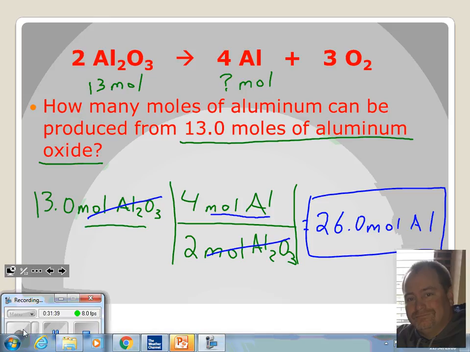Okay, the question asked by Garrett before we left is, why is 4 mole of aluminum on the top and 2 mole of aluminum oxide on the bottom? Isn't that the question? We have to go back and look. What do we want to cancel?